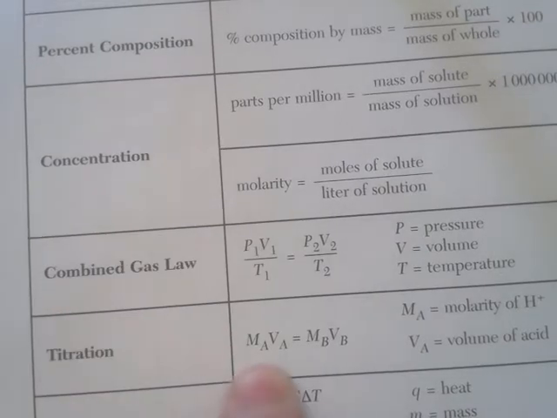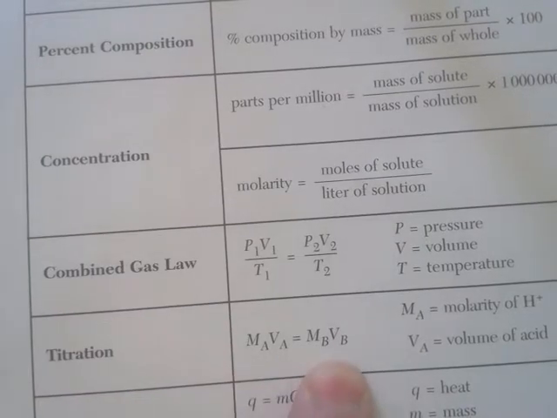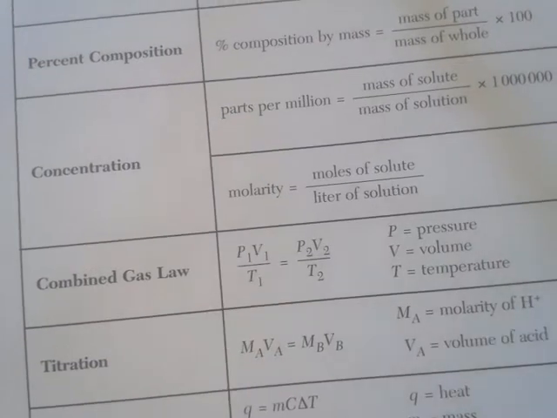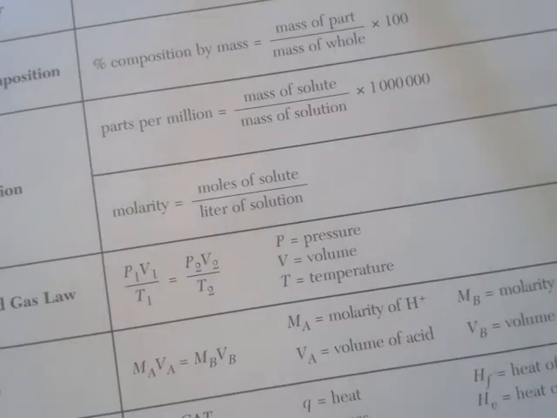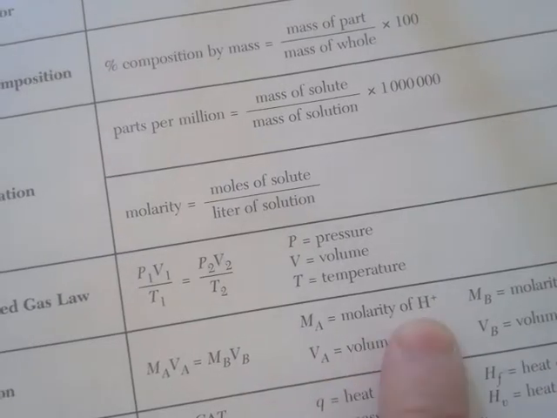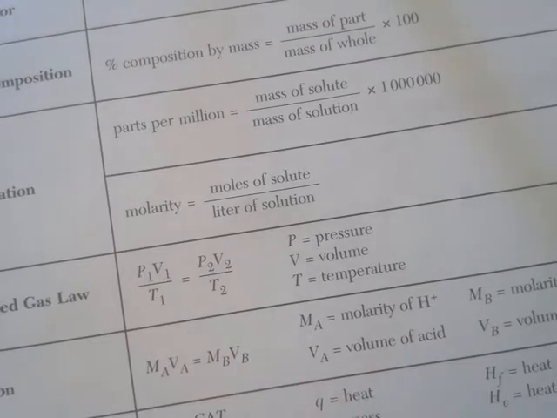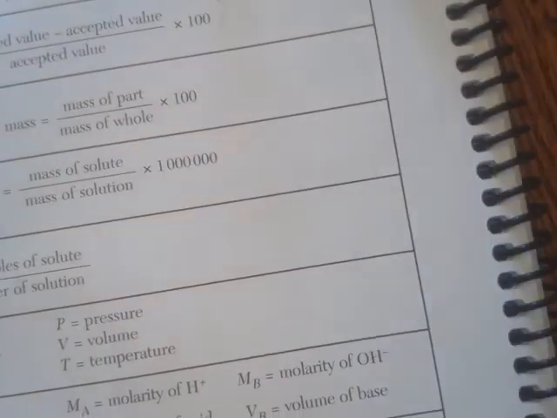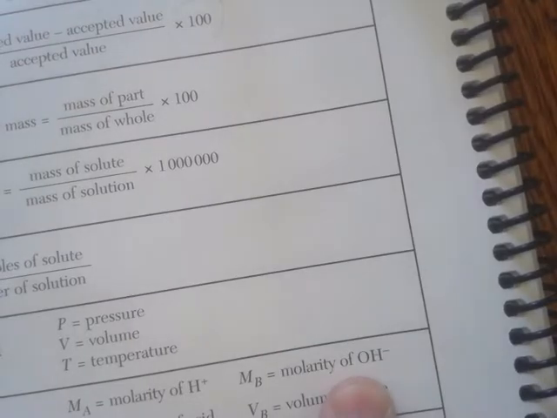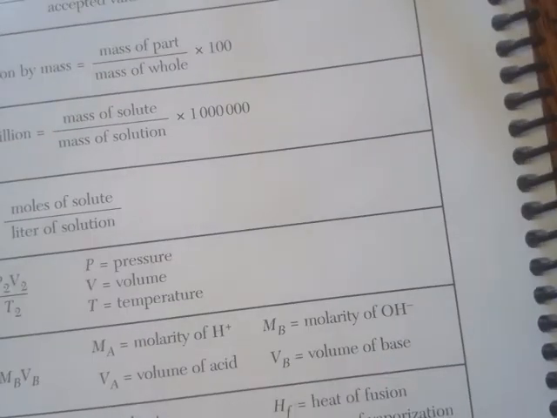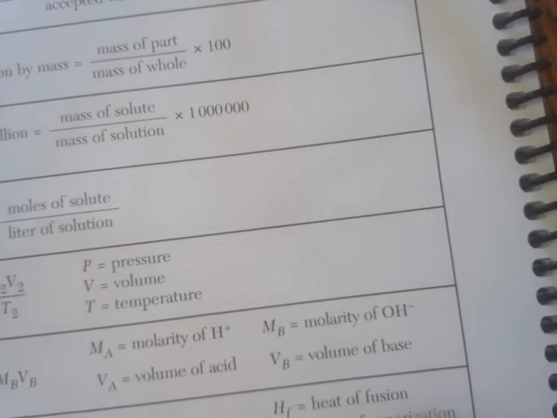Now, what do all these letters mean? Well, M is molarity and V is volume. Ma is the molarity of the H+ ions, which means the molarity of the acid, and Va is the volume of that acid. Mb is the molarity of the OH- ions, or the base, and Vb is the volume of that base. So again, Ma times Va equals Mb times Vb.